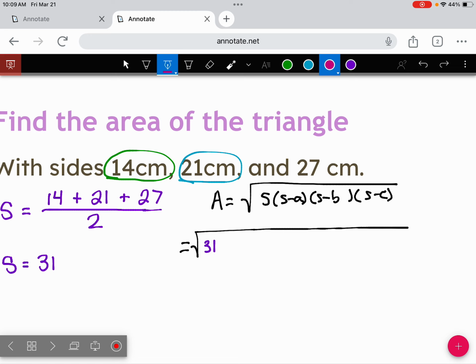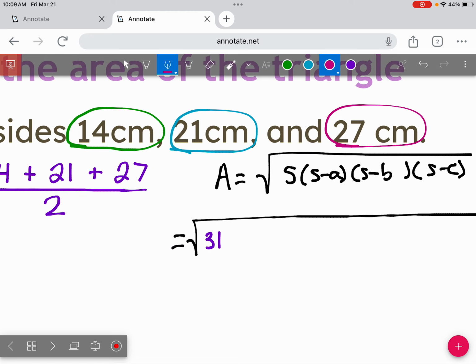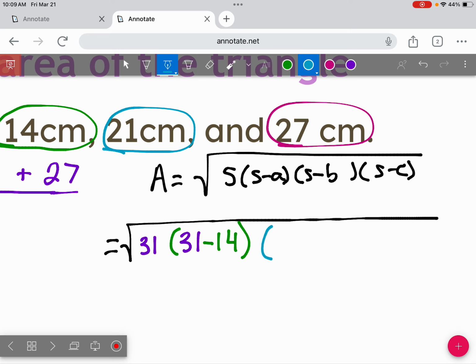I don't know why I didn't circle centimeters on that one when I did for all the others. So we're going to have our 31, and we're going to take our 31 minus the 21. And we're going to take the 31 minus the 27.